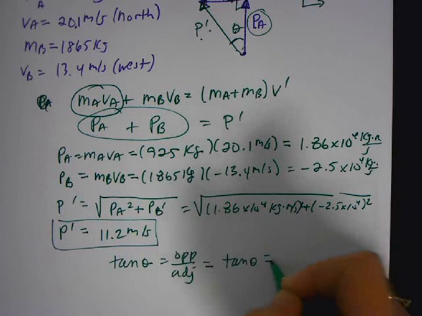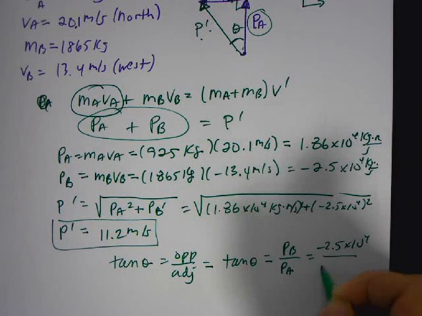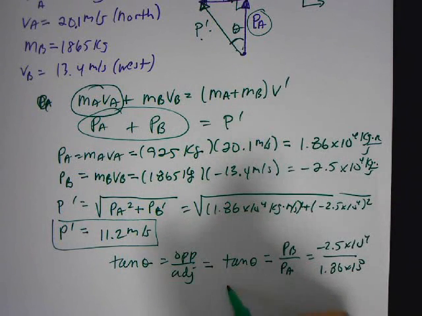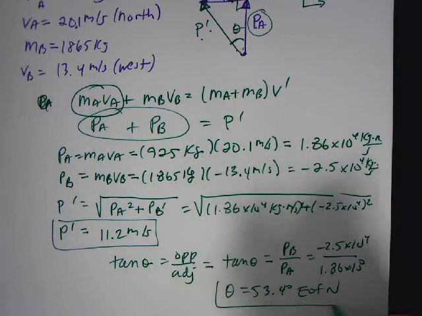So tan of theta is equal to PB over PA, which is negative 2.5 times 10 to the 4 divided by 1.86 times 10 to the 4. So when I do this, theta comes out to be 53.4 degrees, and then it's going to be east of north.